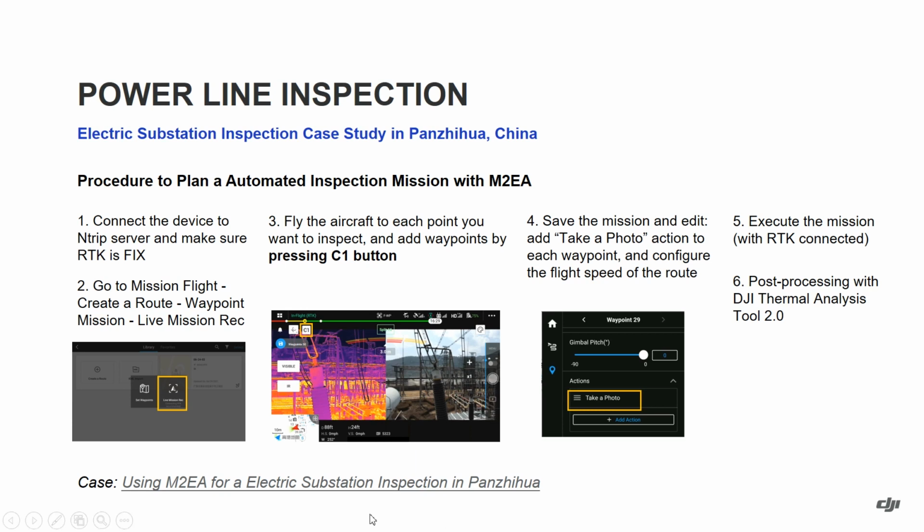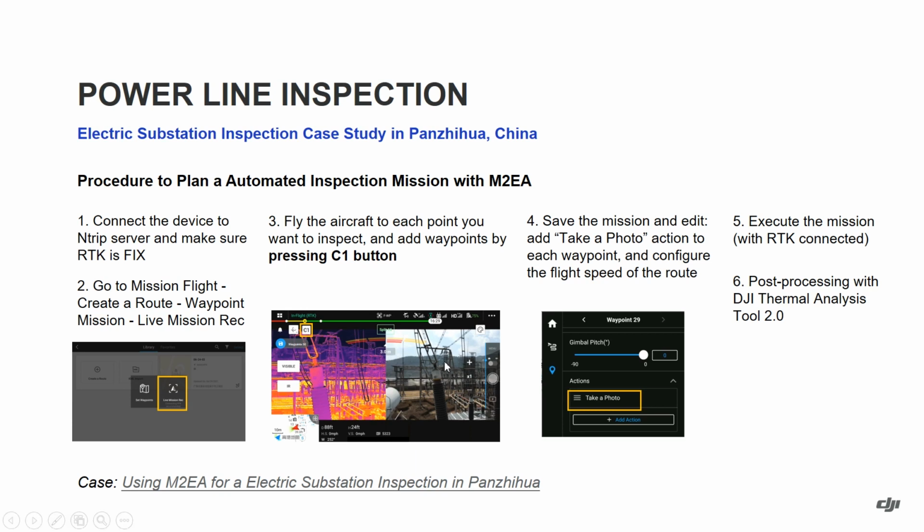So what you need to do is to first connect the drone to the N-Trip service and make sure the RTK is fixed. And then go to mission flight, create a route, waypoint mission, so that you will find the live mission record function. So what you need to do within this mode is to manually fly the aircraft to each point you want to inspect.